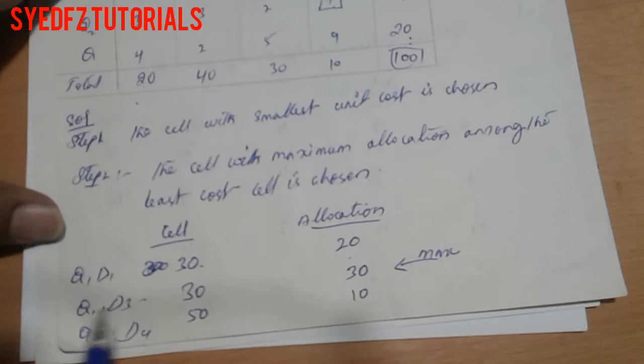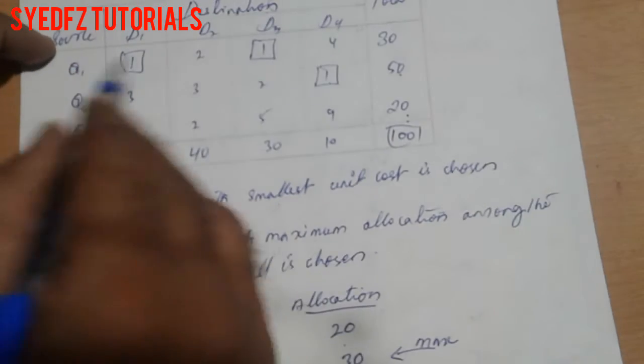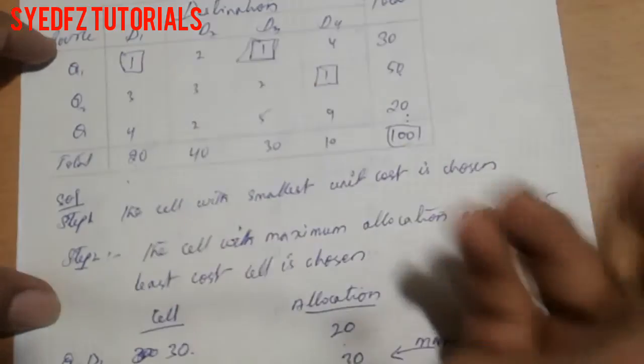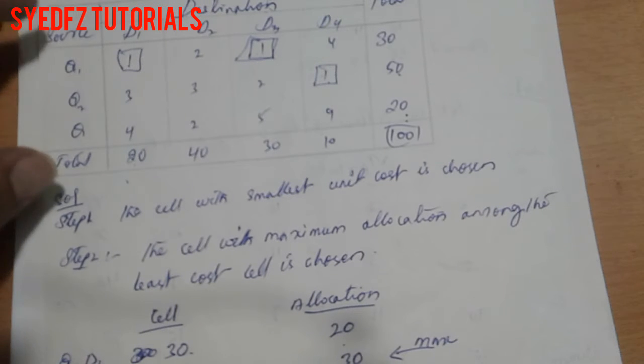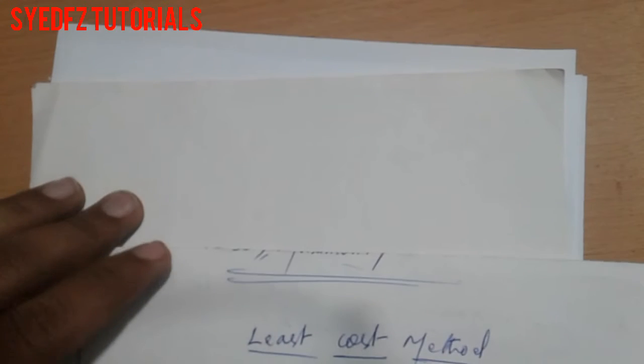So we have to start the problem from Q1 D3. Start the allocation from D3. So let's start.